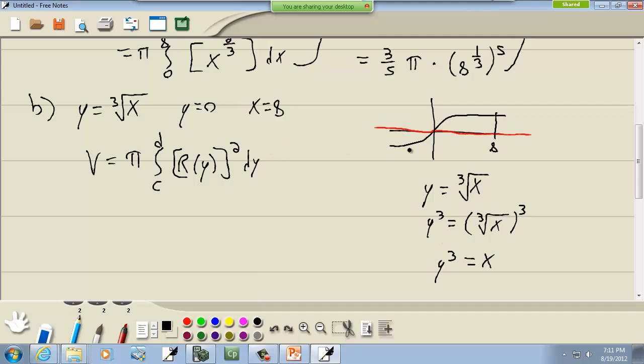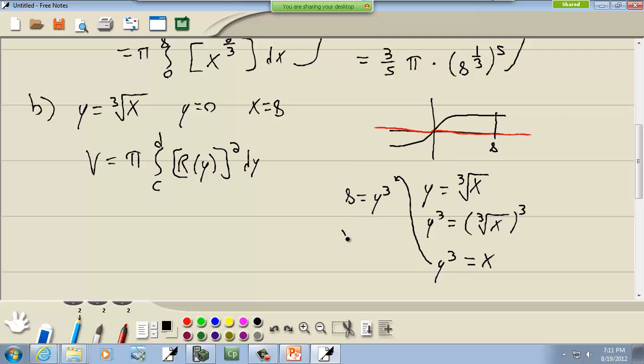And the question is, what are these limits going to be? Obviously 0 is one of them, but how do I determine this? Well, if this is x equals 8 and this is x is equal to y to the third, then we can find our points of intersection. So I'll set the 8 equals y to the third, since they're both x equals.